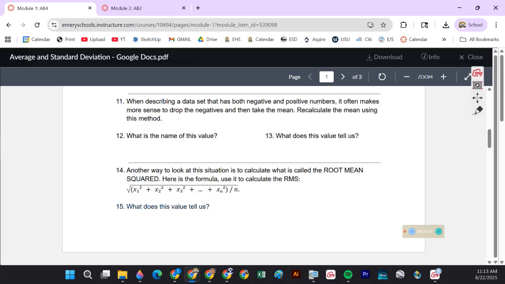This is sort of like the average distance from 0. Okay? So it's going to be slightly larger. This is what you'll write down: slightly larger than the average distance from 0. All right. Next page.